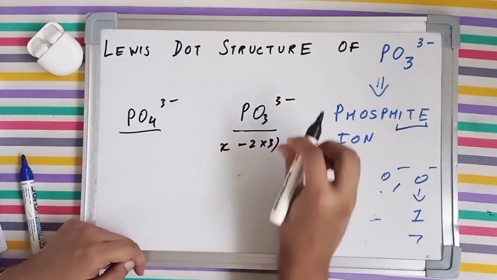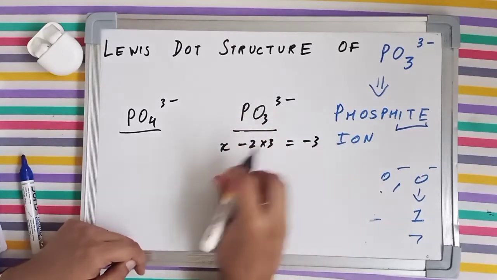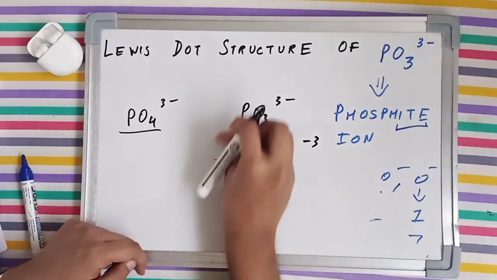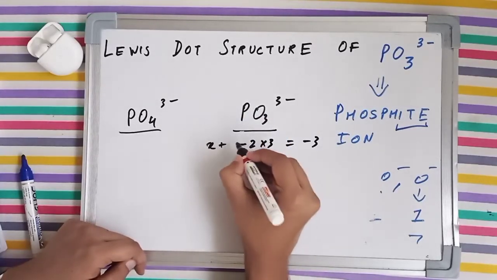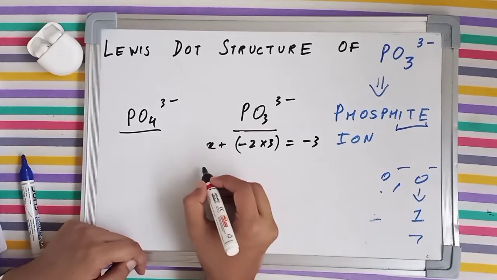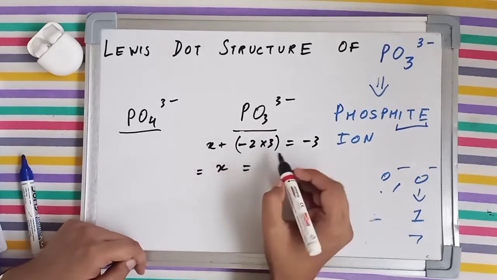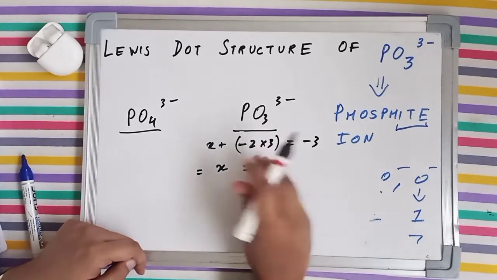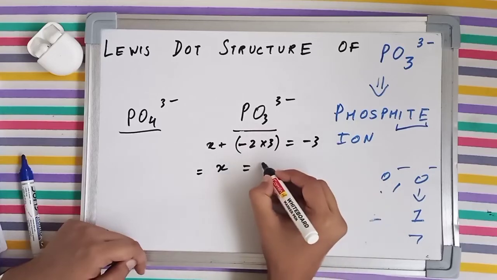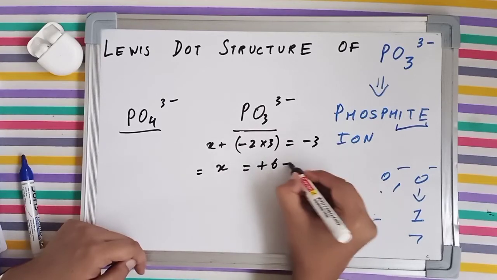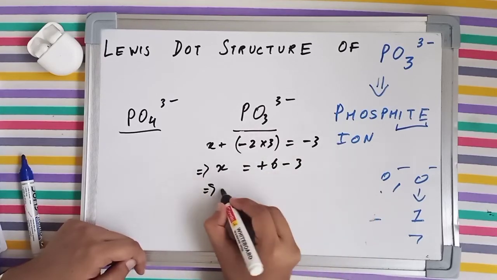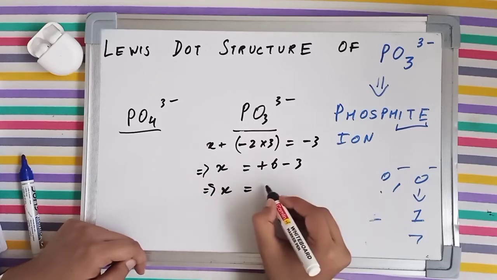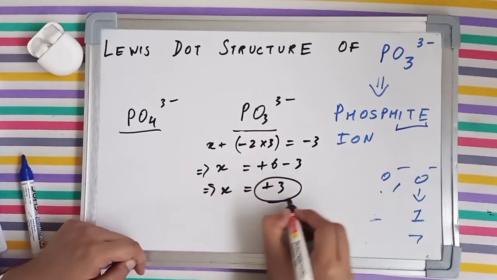So it can be written like this, X plus (-6) is equal to -3. The -6 will go to the right-hand side and turn into +6, and with the -3, phosphorus's oxidation state comes out as +3.